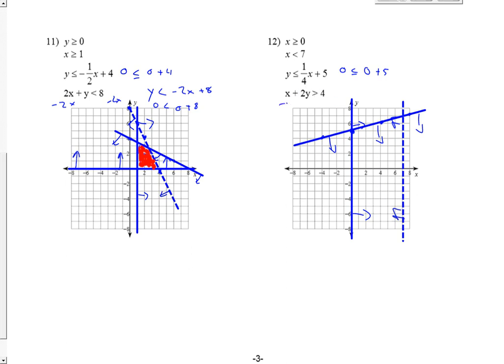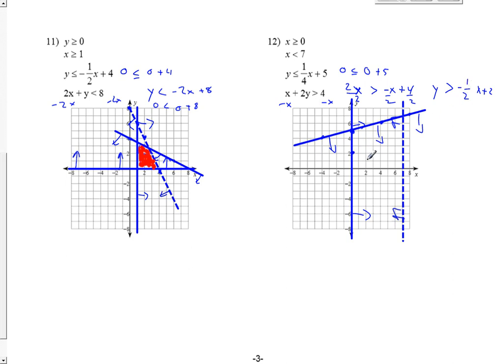Now, for this last one, I need to subtract x and put this in slope-intercept form. So 2x is greater than negative x plus 4. Divide by 2. And I get y is greater than negative 1/2 x plus 2. So I'm going to go up to 2. And then negative 1/2, down 1 to the right 2.